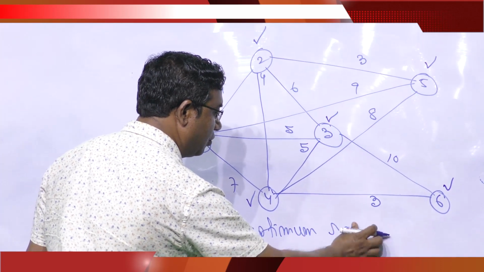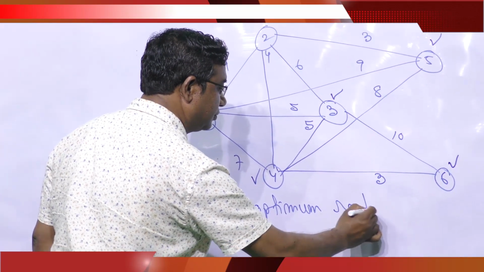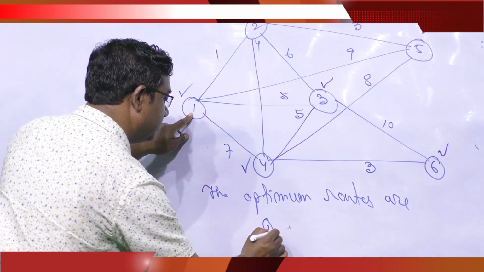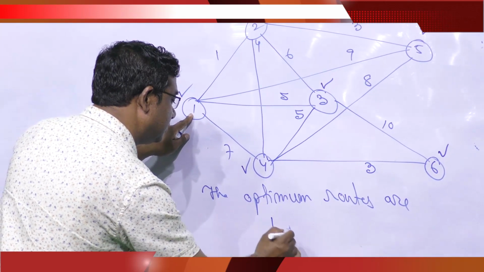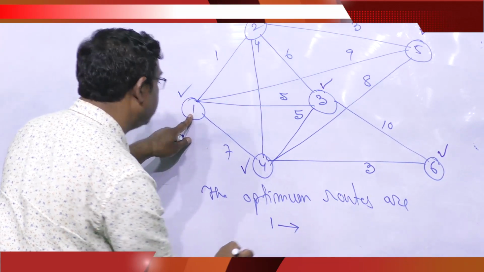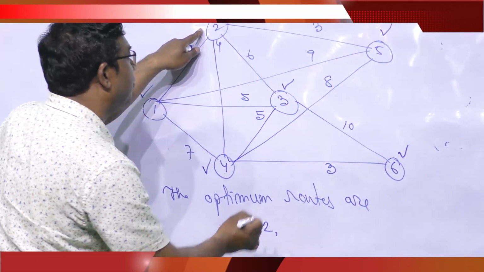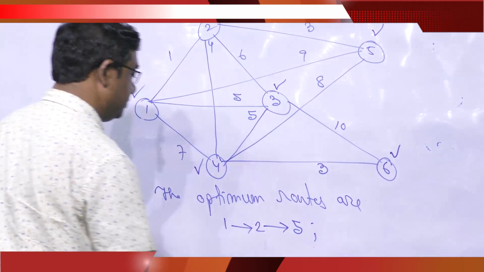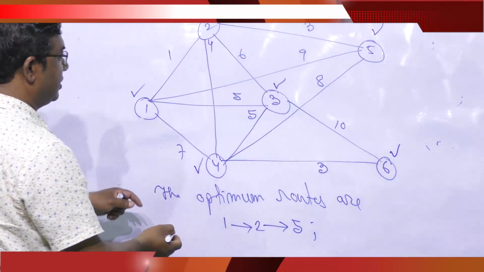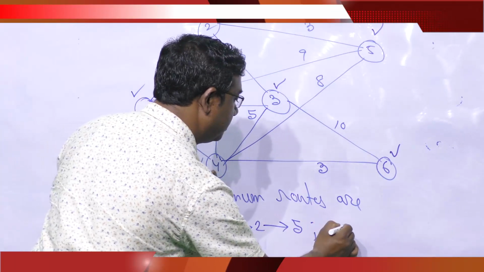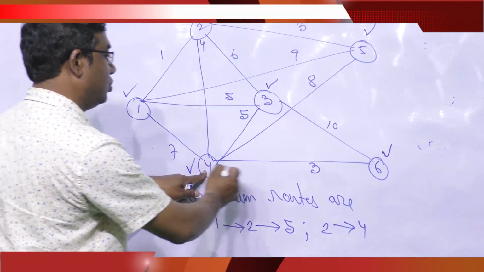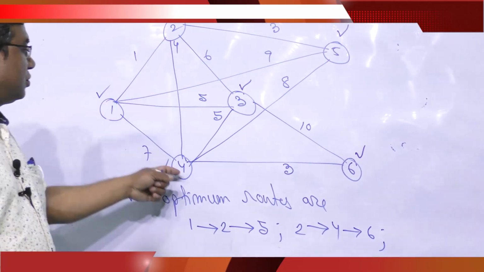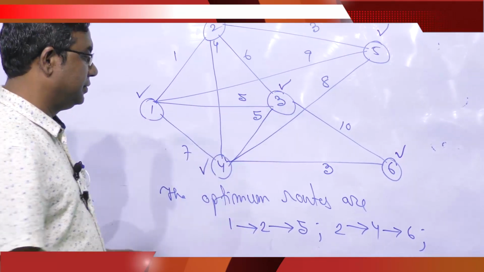So now the optimum routes are 1 to 2, 2 to 5, then next 2 to 4, 4 to 6, then the last one, 1 to 3.